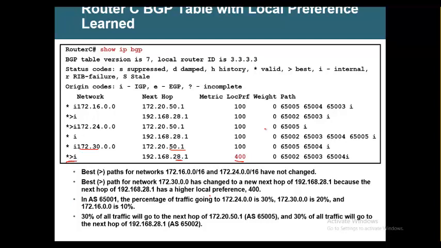Even though the number of hops is more, before AS path comes local preference. Yes, before AS path is local preference. Let me show you.